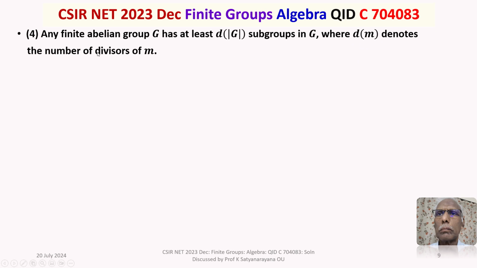Tau of m denotes the number of divisors of m. Here you have to note that it is a finite abelian group. There is a clue in that. We have G, any finite abelian group. Let us say the order of G is equal to n.